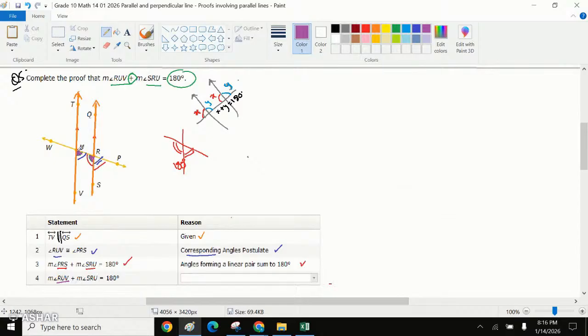Whenever we have a pair of interior angles between two parallel lines, we say the sum is 180, and that is known as substitution. Okay, agreed? So we say this is substitution. Moving ahead to the next question.